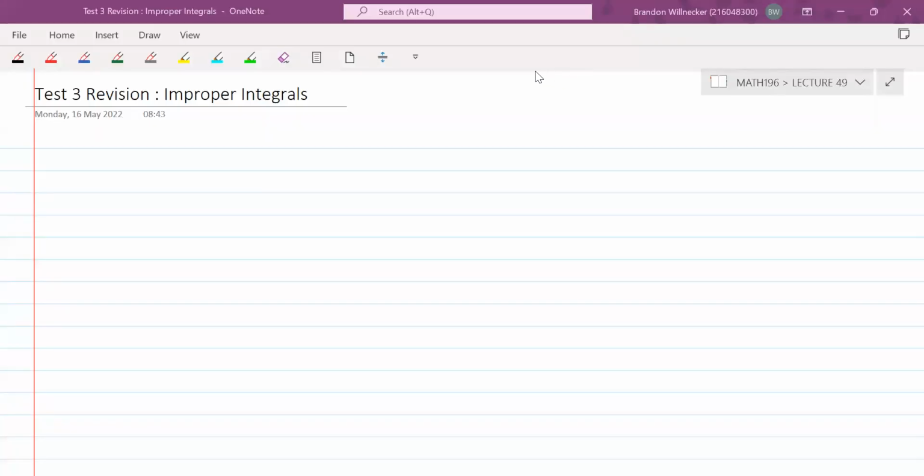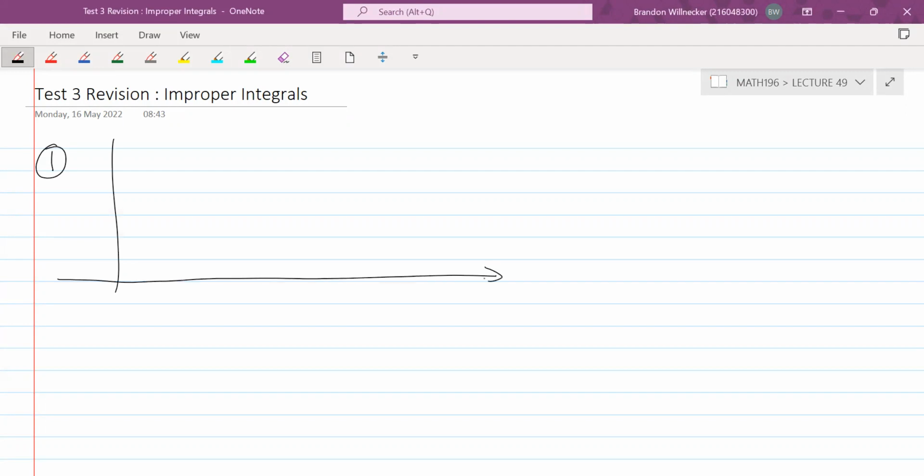Okay, so let's do a quick recap on the two types of improper integrals, and then we'll have a look at some examples. The first type is if we have some sort of infinite domain. In other words, we've got a picture like this, where your function might do something like that, and it asymptotically approaches the x-axis, for example.